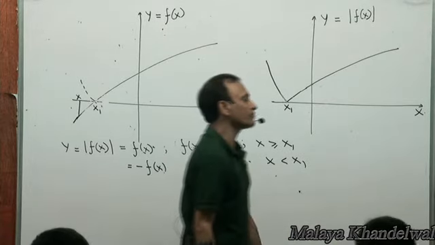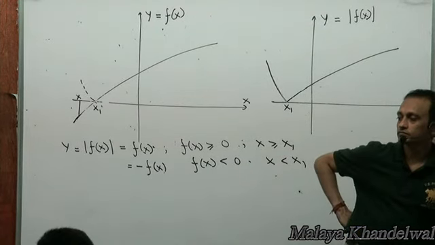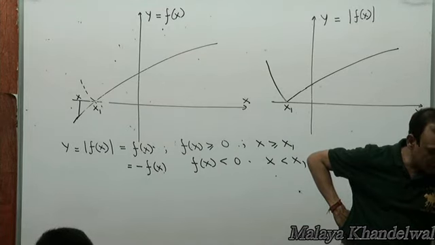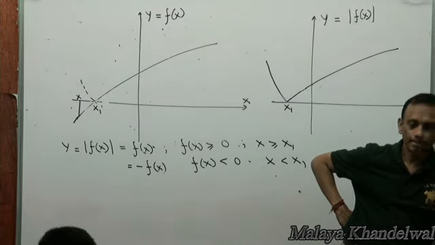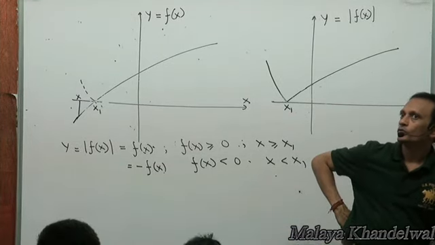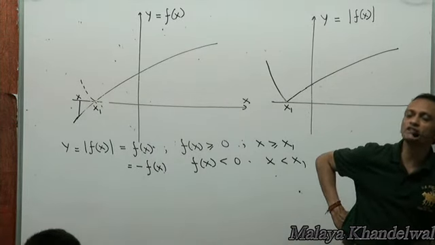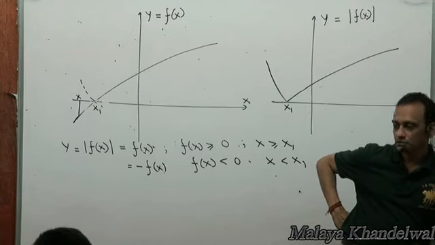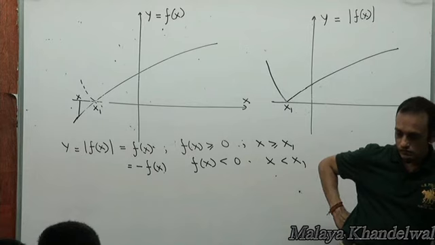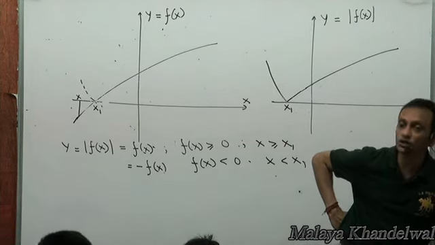In order to migrate from y equal to f(x) to y equal to mod of f(x), retain the portion of f(x) which is not below the x-axis.